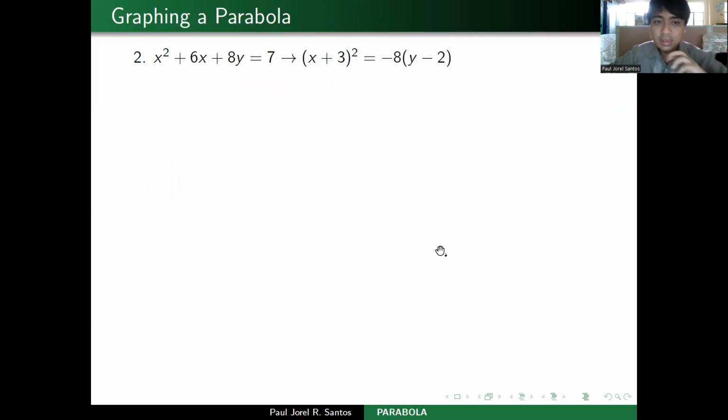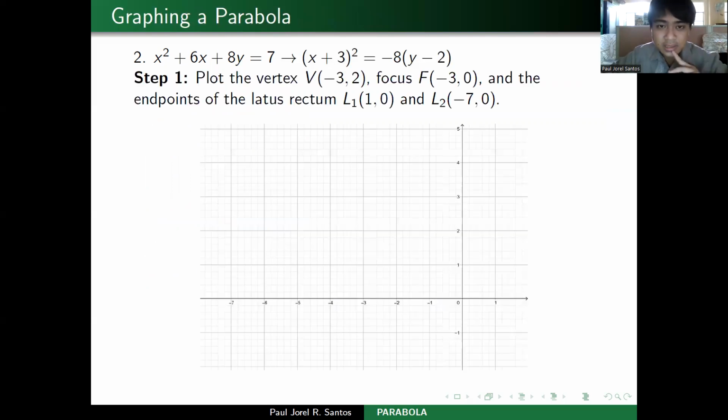Now, graphing this, first, as I have said a while ago, we have to plot the points first, such as the vertex, focus, and points of the latus rectum. And we have here this.